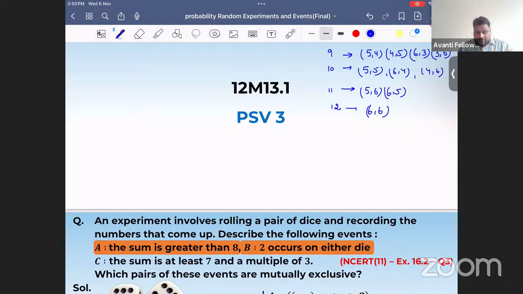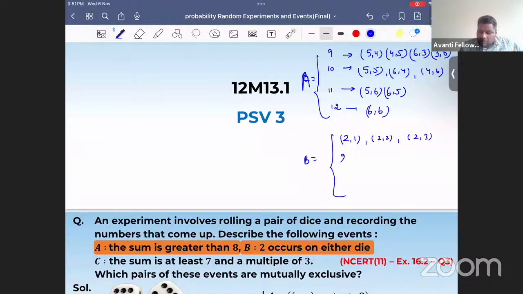So see, B is 2 occurs on either dice. So if you want 2 on any one of the dice, then what will be the sample space? B will be what? This is A. Now B will be 2, 1; 2, 2; 2, 3; 2, 4; 2, 5; 2, 6.